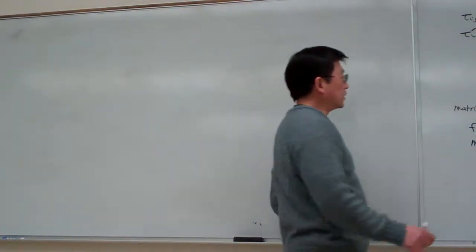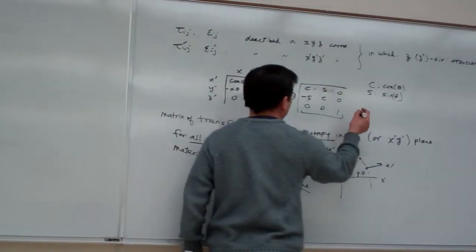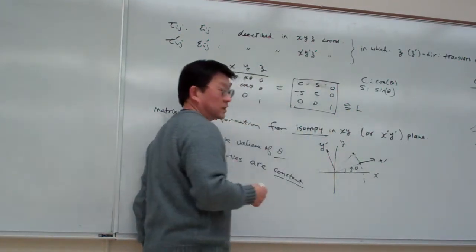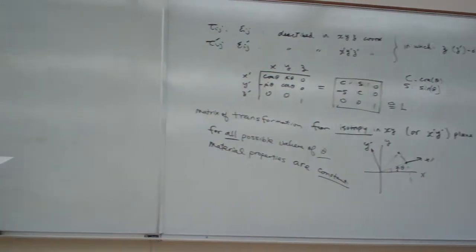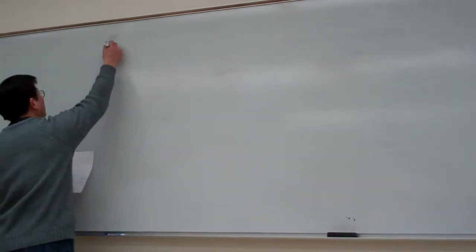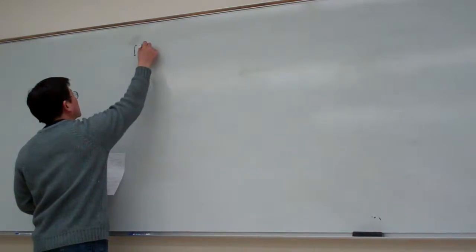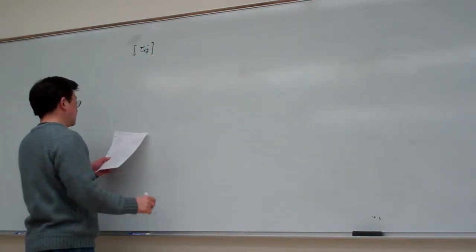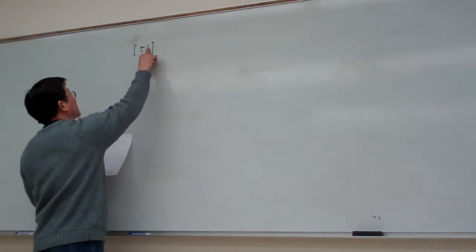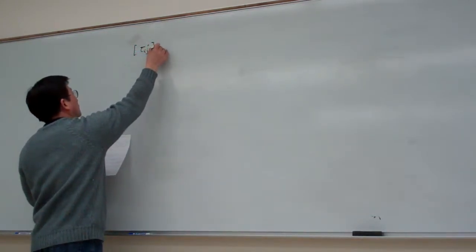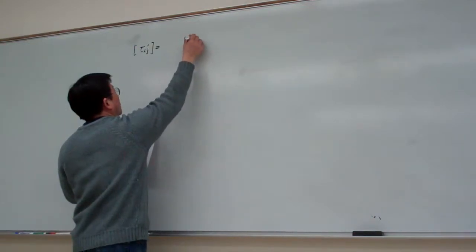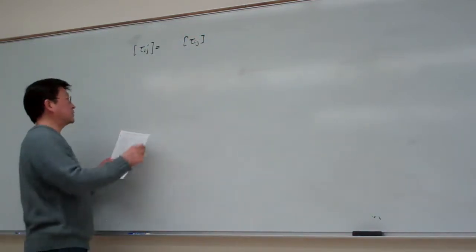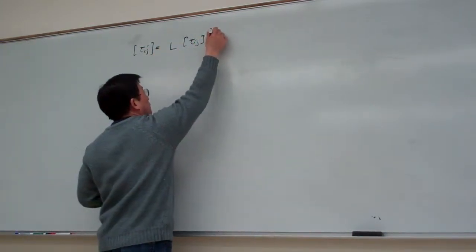Let me define this matrix as L, the same symbol we used before for the transformation matrix. So tau prime equals L times tau times L transpose.